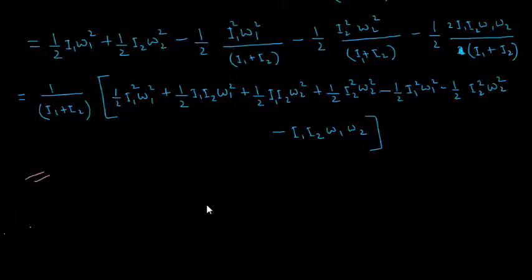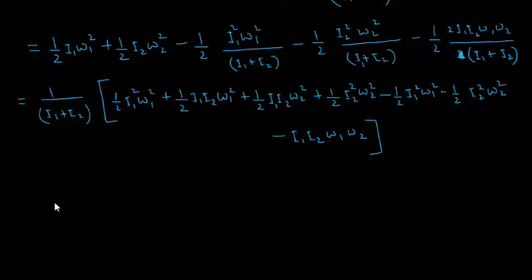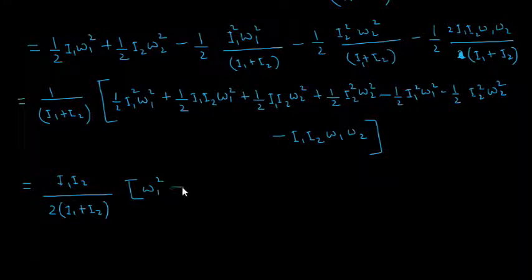So now we'll solve this. Upon solving, we can write I1 I2 upon 2 (I1 plus I2) times bracket omega 1 square plus omega 2 square minus 2 omega 1 omega 2.